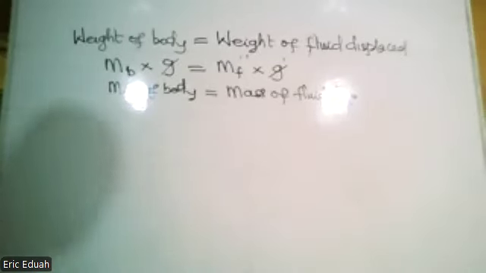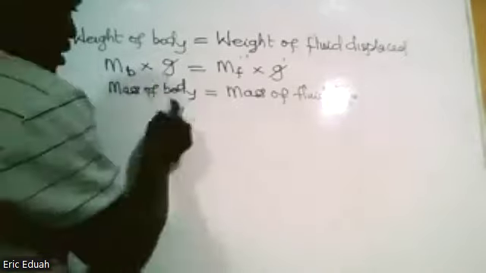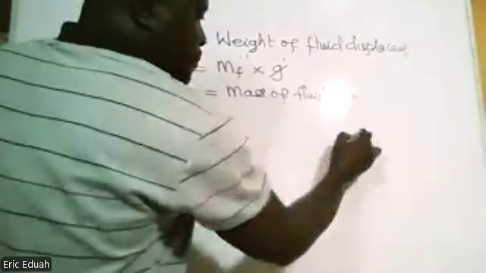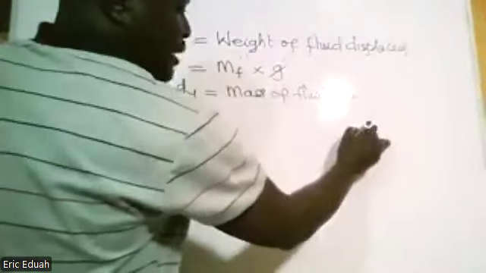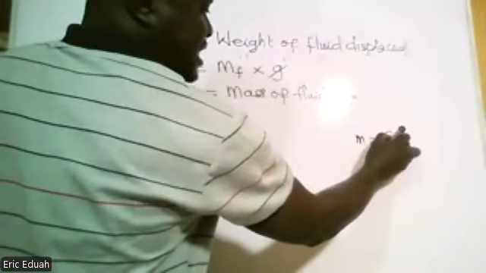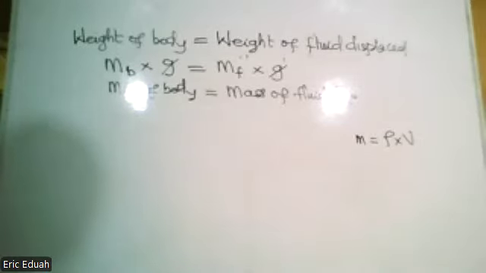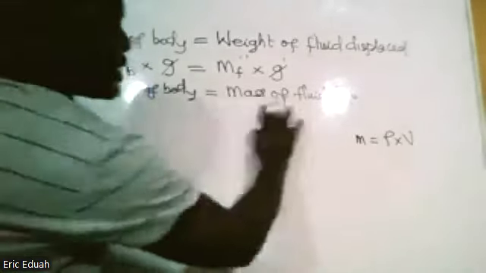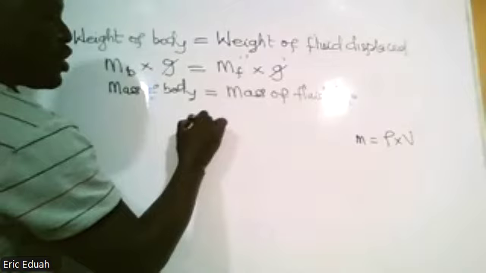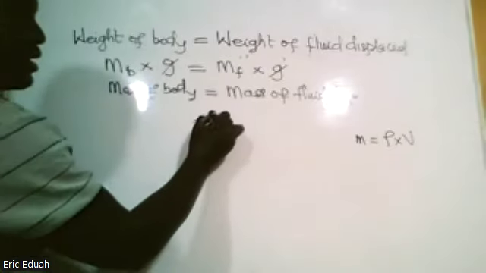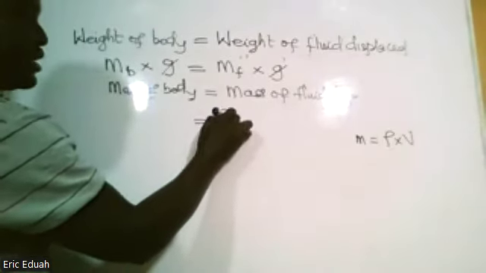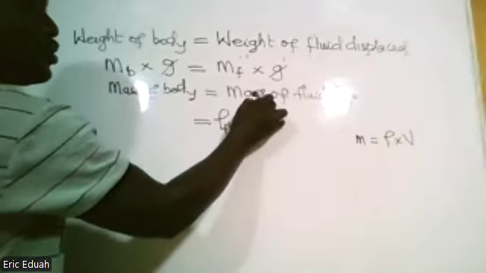Okay. Mass of the fluid. Don't forget, mass can be expressed as density times volume. So this mass of the fluid, we can also represent by density of the fluid times volume of the fluid.